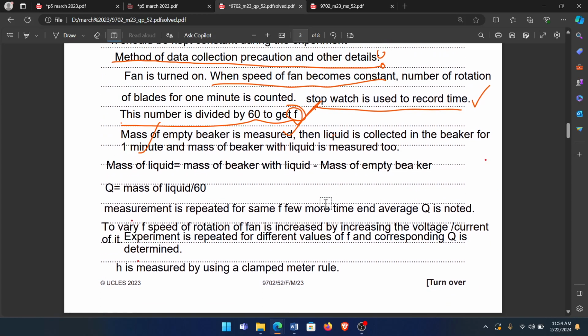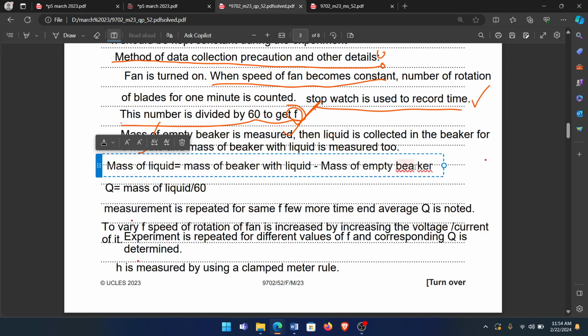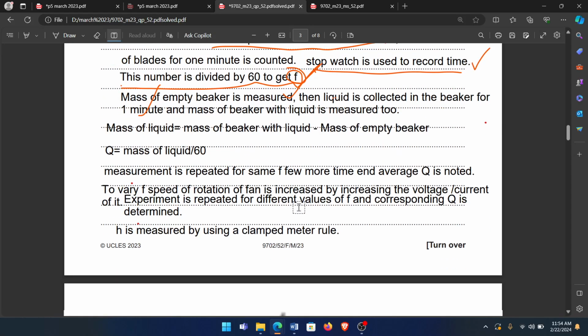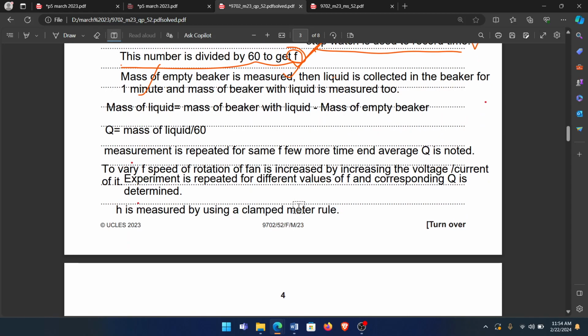Mass of liquid is equal to mass of beaker with liquid minus mass of empty beaker. Okay, done. Then Q is equal to mass of liquid divided by 60. Unit will be kg per second.